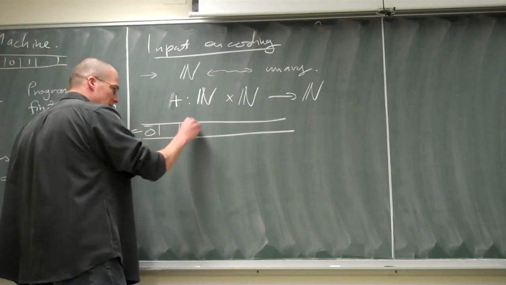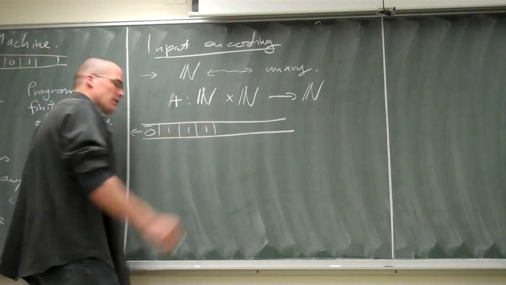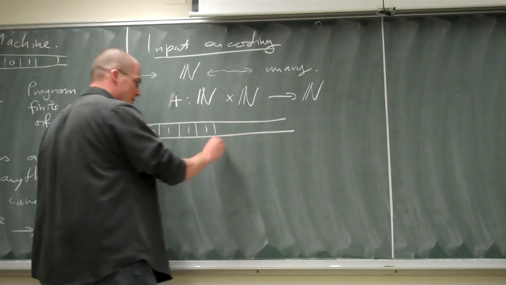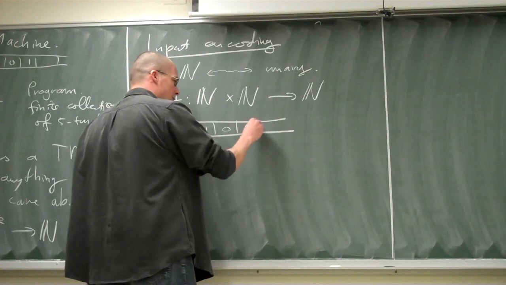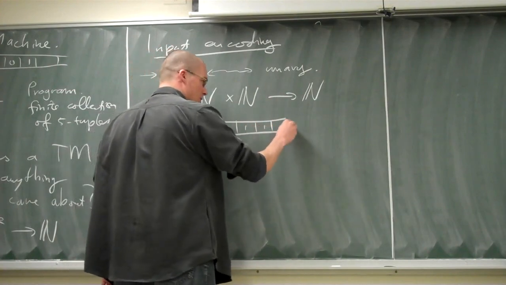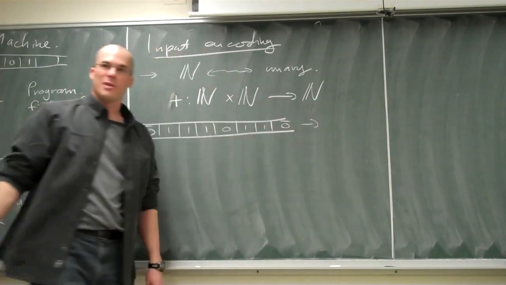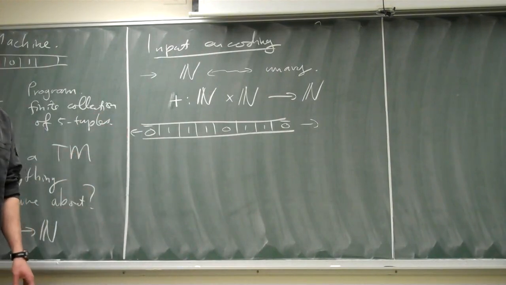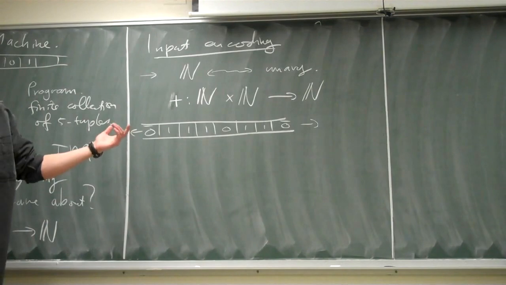Then there is in unary the first input, followed by a 0, followed by in unary the second input, followed by infinitely many zeros. Now this is still slightly underspecified, because where is the head location?